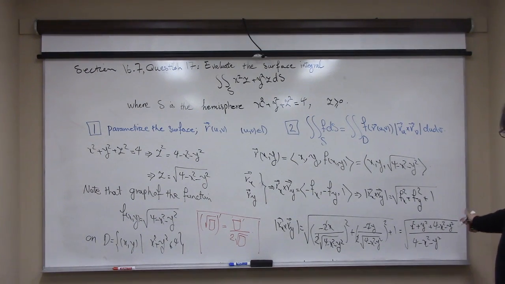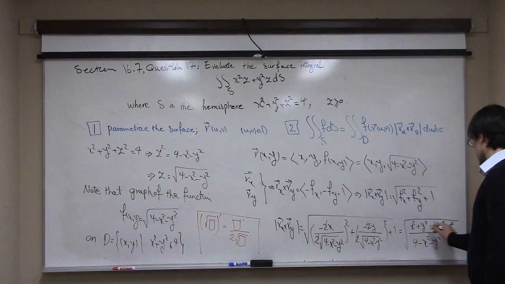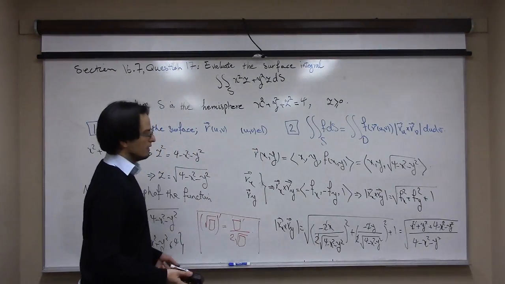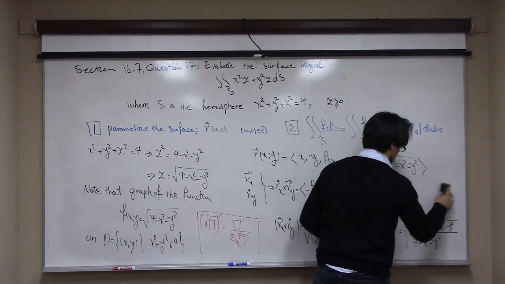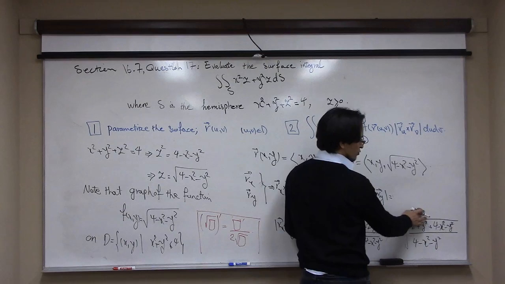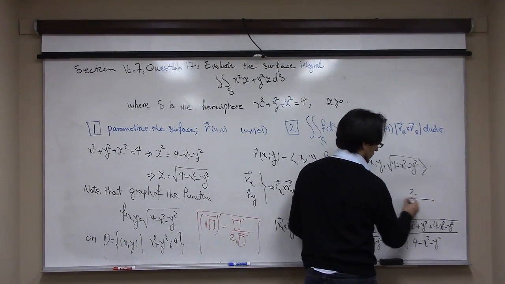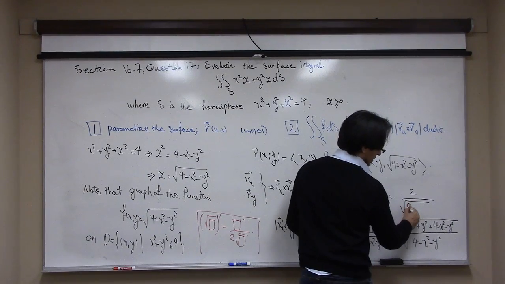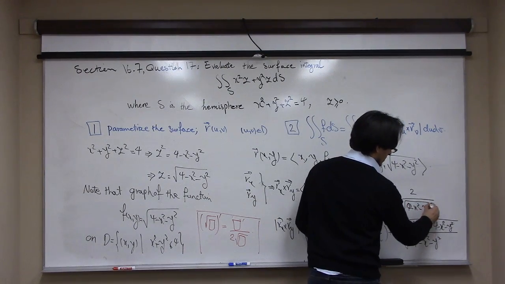You can simplify this because this cancels that, and the result is 4 in the numerator, so the square root of 4 is 2 over the square root of 4 minus x squared minus y squared.